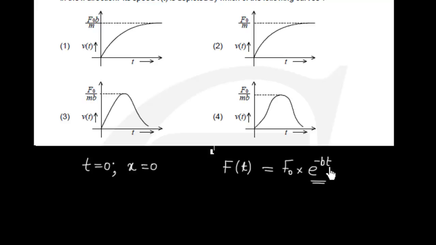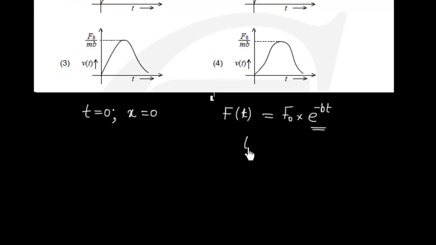When t is infinite, e to the power minus bt goes to 1 by infinity, so this number is almost 0, so the force is 0. So what is happening? When t equals 0, the force is F naught. When t tends to infinity, this number is e to the power minus infinity, that is 0. The force tends to 0.